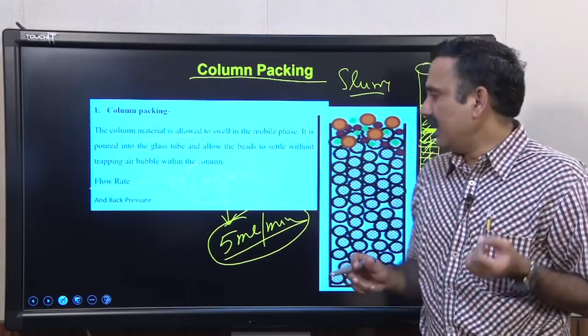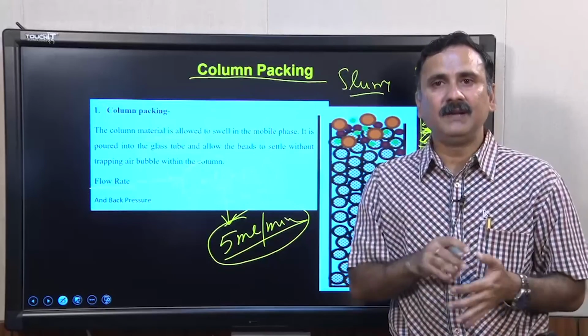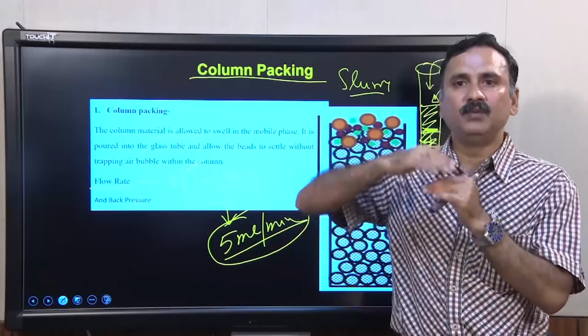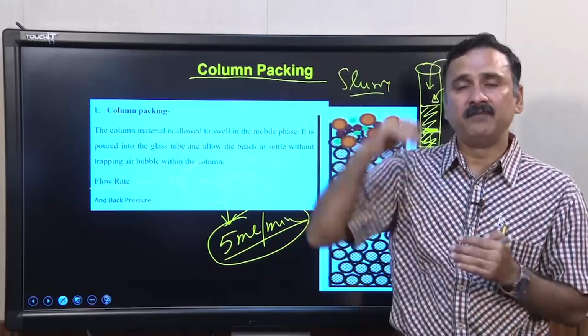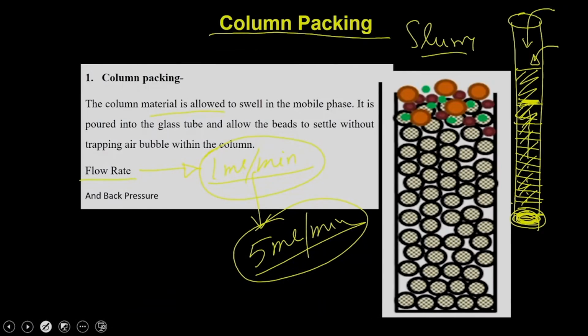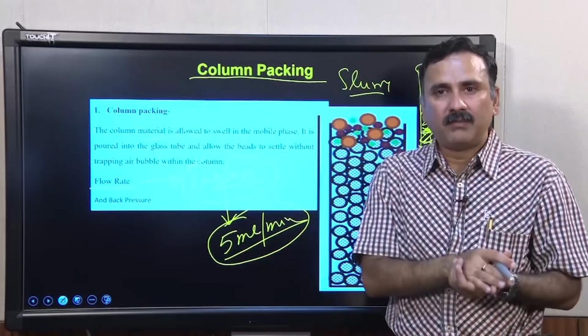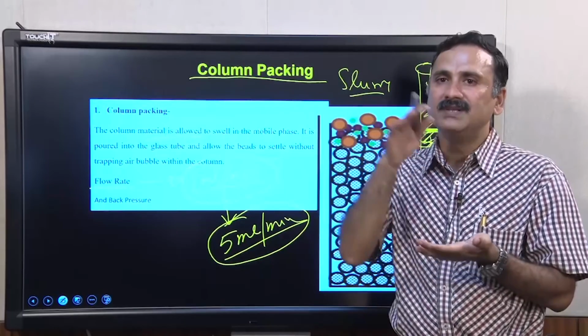Why is it so? Because you do not want to disturb the packing. Once the material is settled, it forms a continuous chamber. You do not want to disturb that chamber, because if you increase or decrease the flow rate, it is going to bring in air bubbles or disturb the packing.